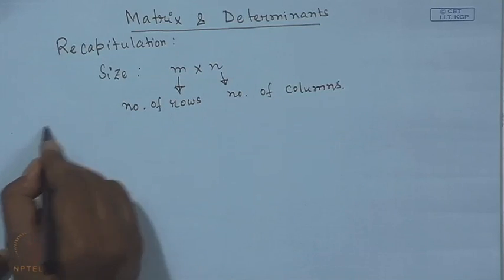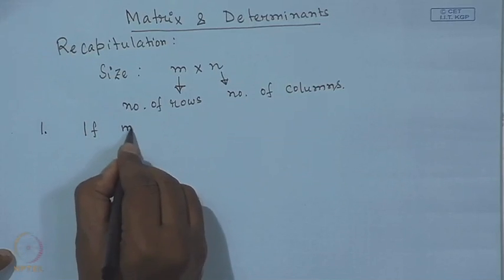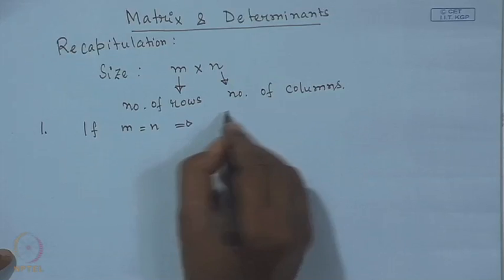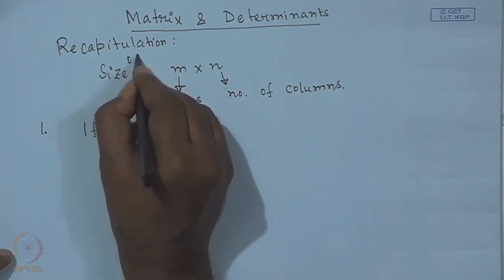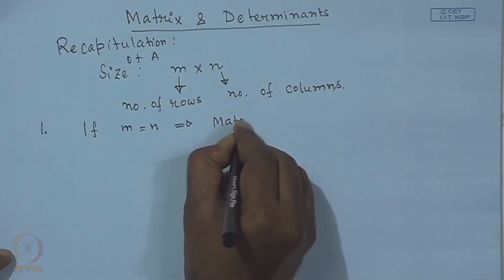So, let us look into the various properties. If m is equal to n, then the matrix A, let us say this is the size of matrix A, the matrix is a square matrix.